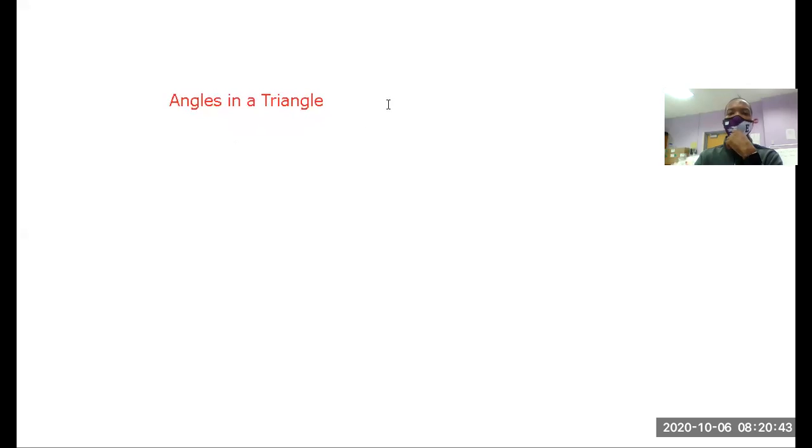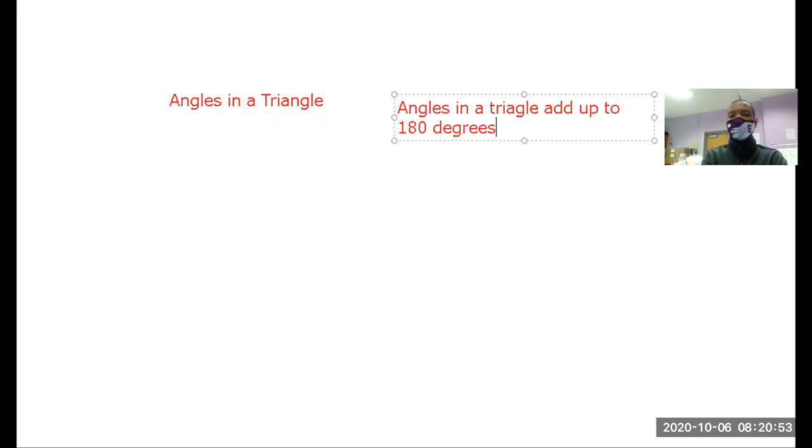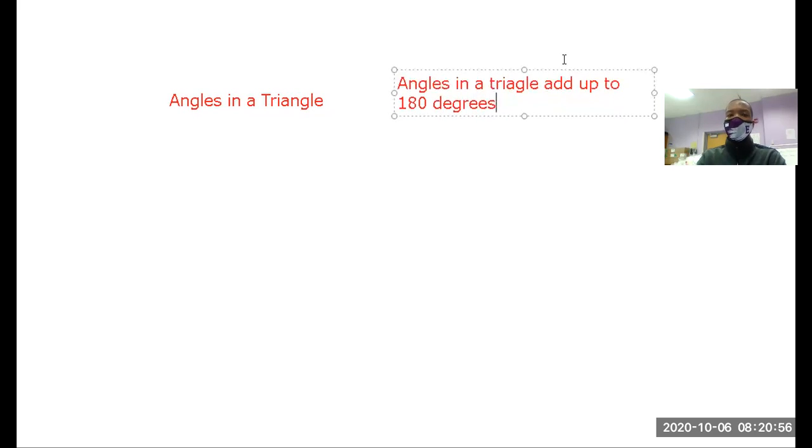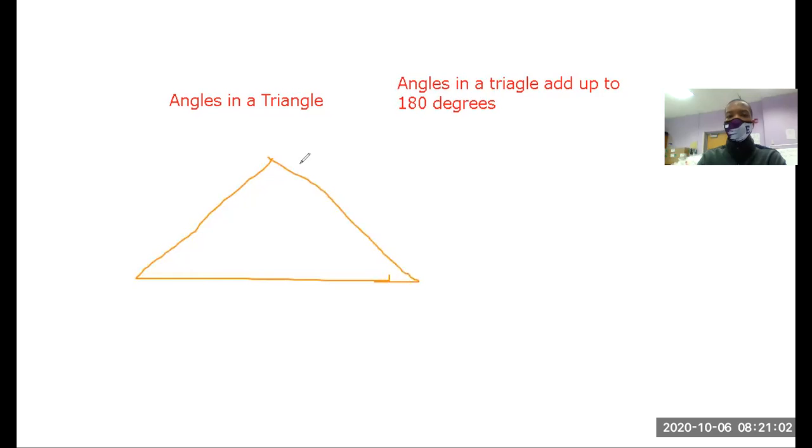Okay, so angles within a triangle: angles in a triangle add up to 180 degrees. It means if I have a triangle like this, and I measure all these angles in here, when I add them up, it all equals 180 degrees.